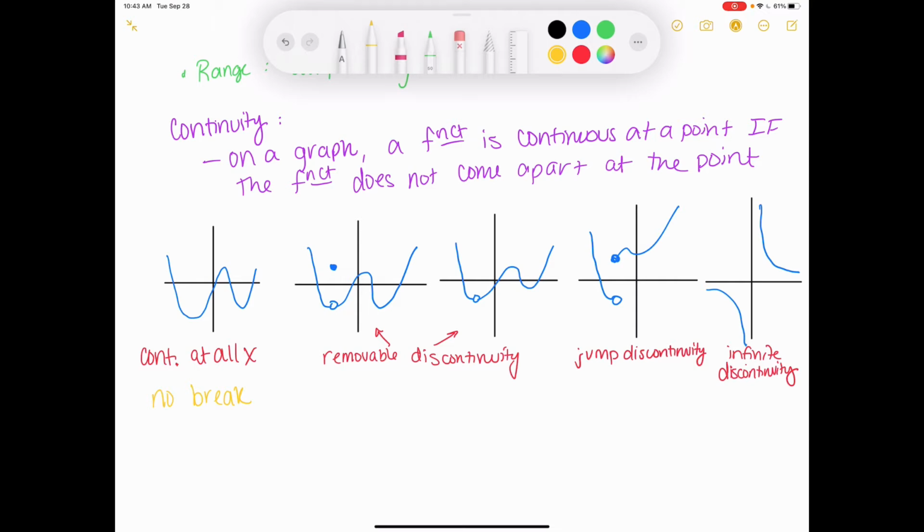The next two, you'll notice they both have this little empty space in them. Okay, and that's what we call a hole. So this one has a hole and this one has a hole. Okay, this one here looks like it's got something that's filling it in at that value, but because there is an empty spot, that's why it's the removable discontinuity.